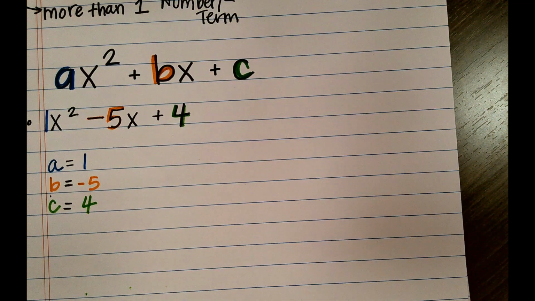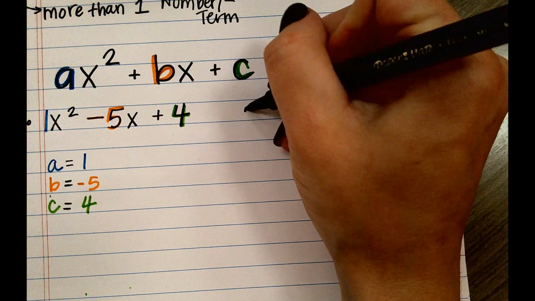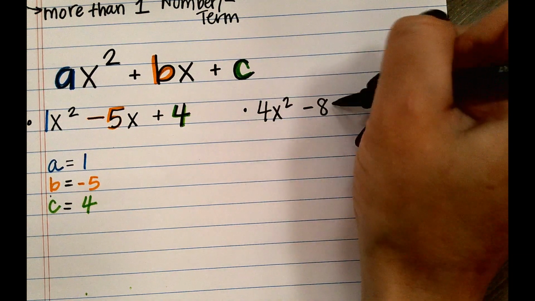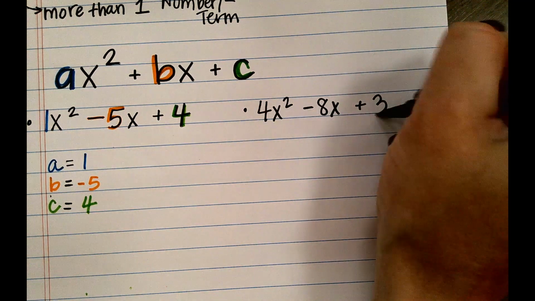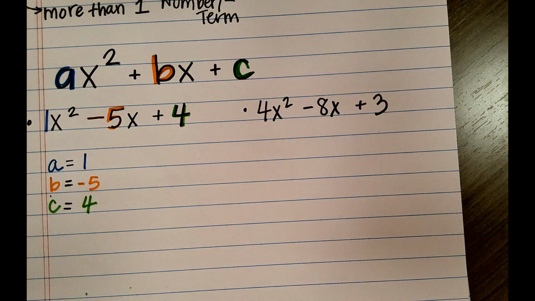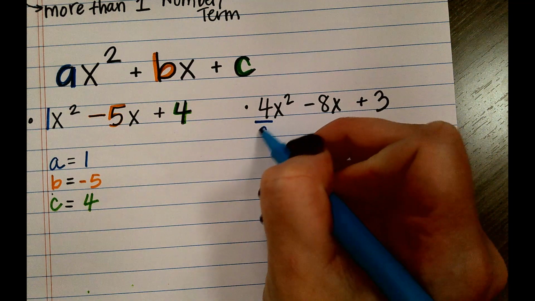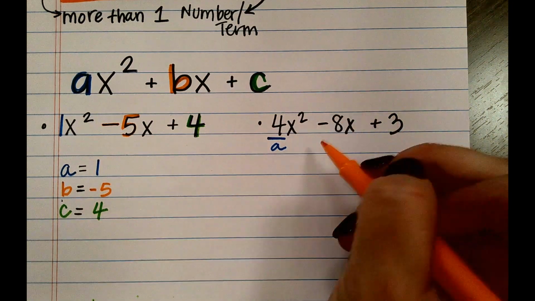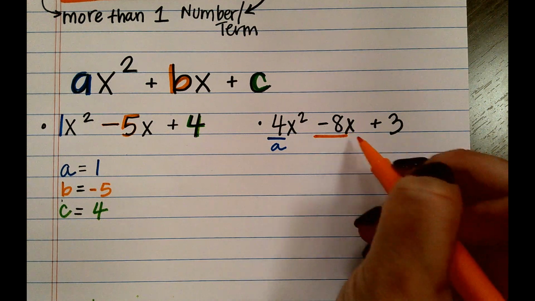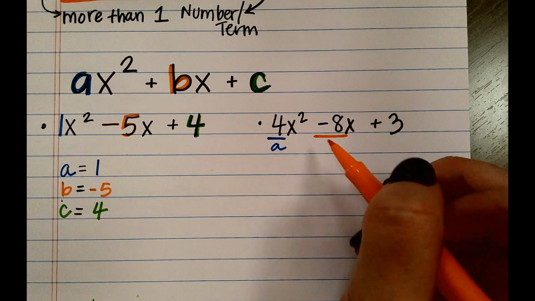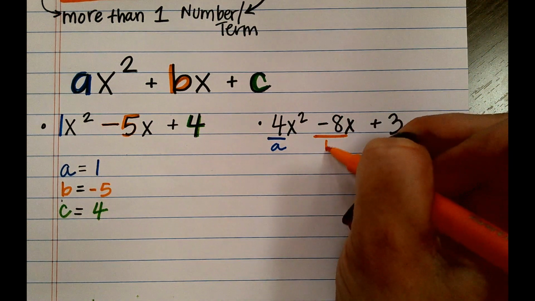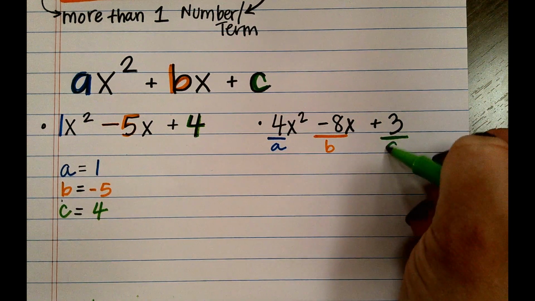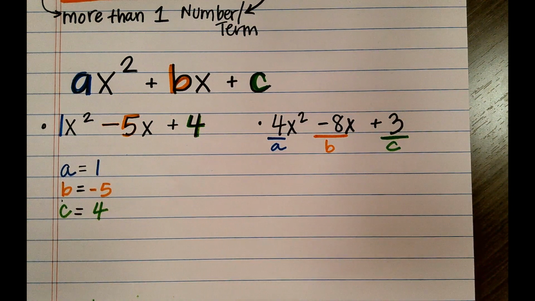Here's another example. How about 4x squared minus 8x plus 3? What's my A? 4. We could also label it like this. 4 is A. What's my B? Negative 8. Now, do we include x? No. Just negative 8. Good. So B is negative 8. And what's my C? 3. Good. That's not too tough, is it?